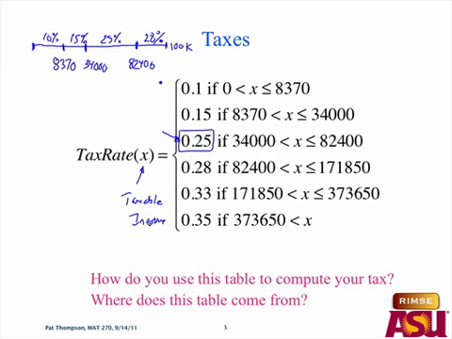Okay. Are these rates of change? These values, 0.1, 0.15, 0.25, are they rates of change? How can they be thought of as rates of change? They're the rates of change of what with respect to what?